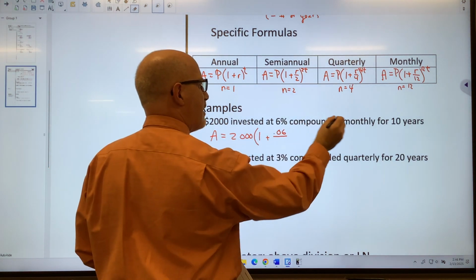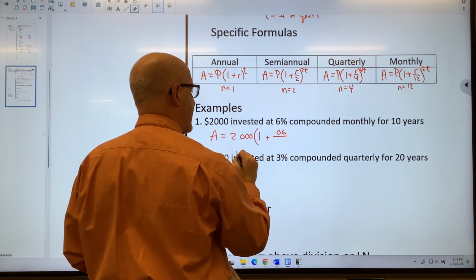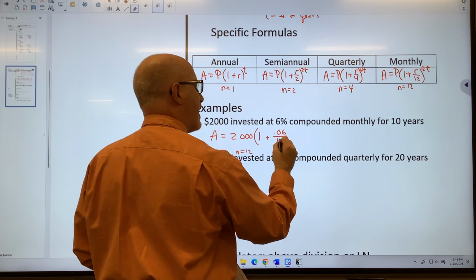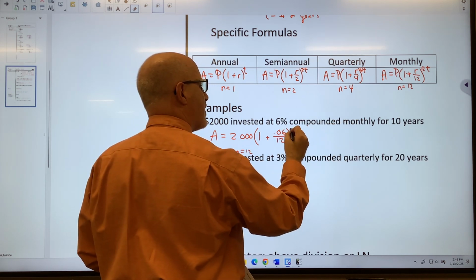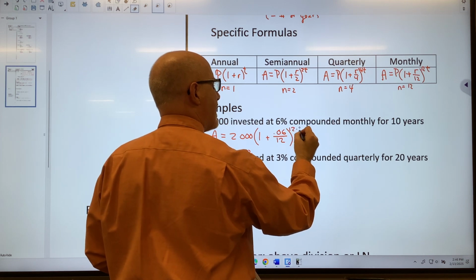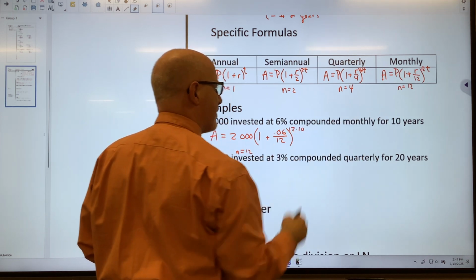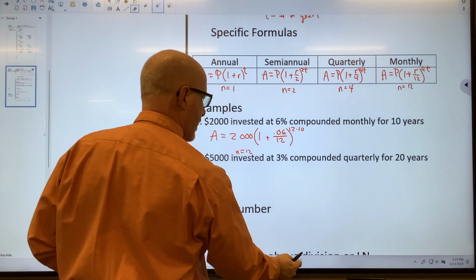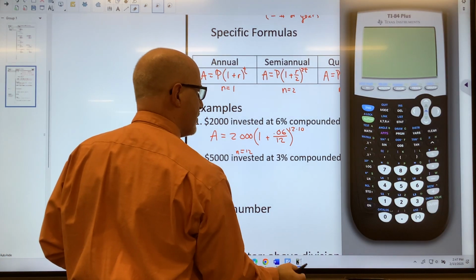And that's going to be divided by 12, because n is going to equal 12 since it's monthly, all to the 12 times 10 power because we have it for 10 years. All right, so we're going to put that into our calculator and calculate what that's equal to.